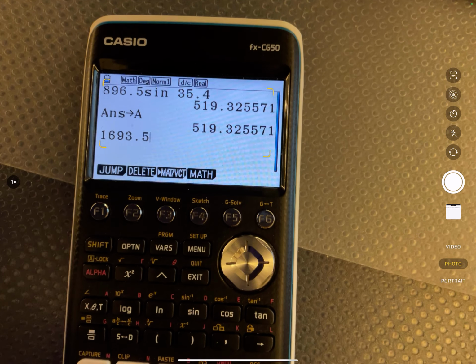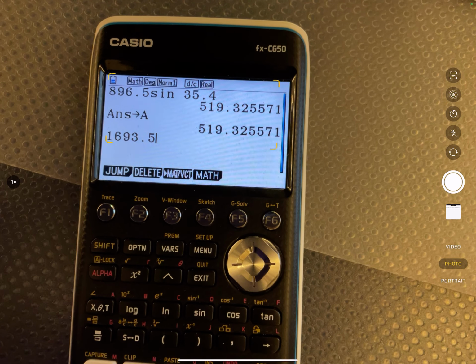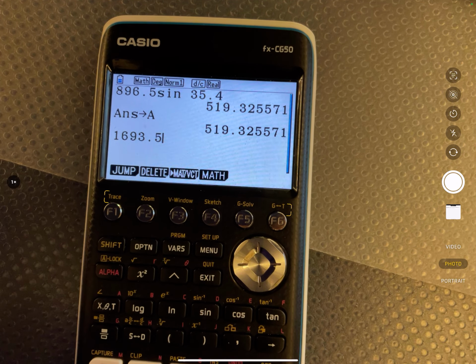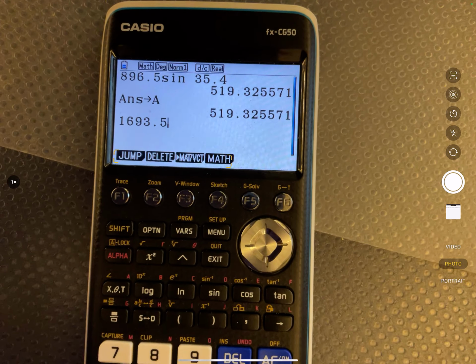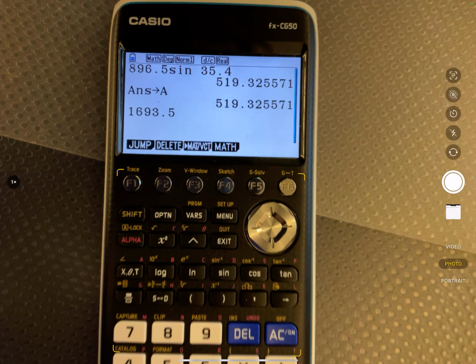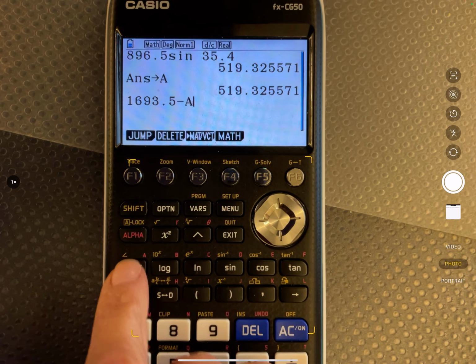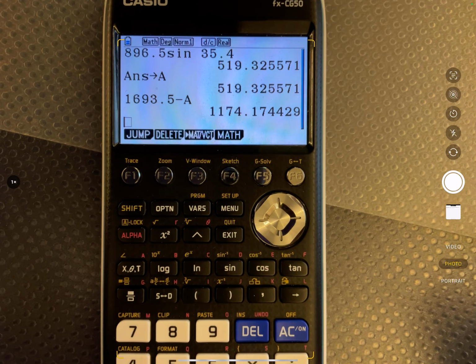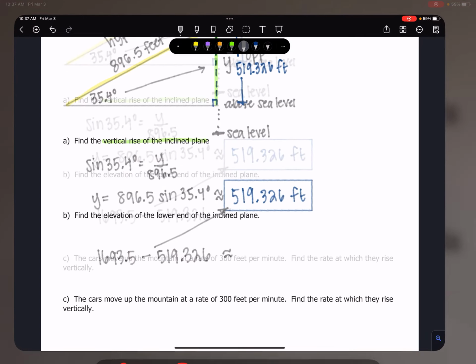I'm really not going back to the other page. You're probably going, yes, I can see it on my paper. It's 1693.5 minus that stored value, alpha A, and that gives us 1174.174. Now there's another way to do this without storing. I'll show you that in a minute.